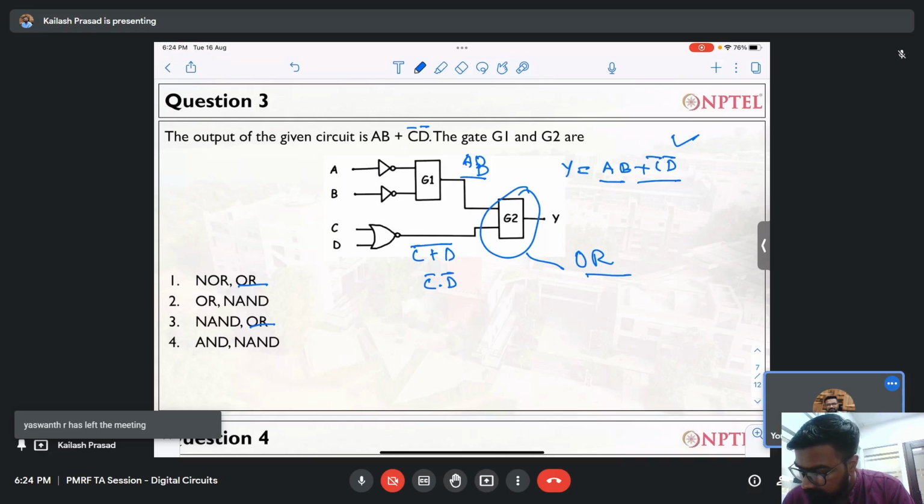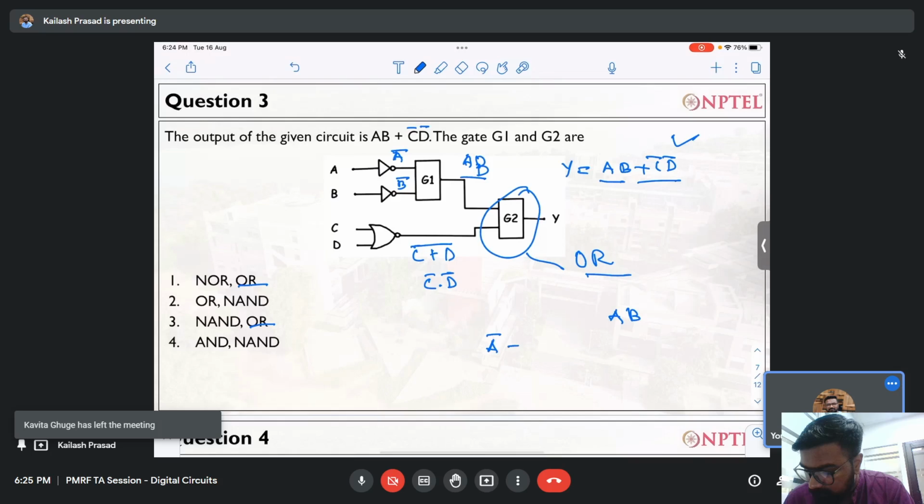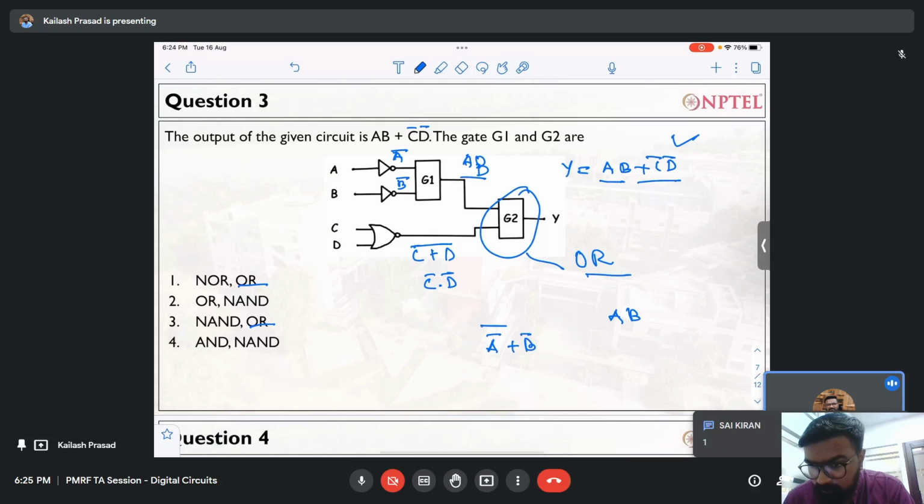So if I see here, this is A bar, this is B bar. And what I want is AB from A bar and B bar. So if you apply A bar plus B bar, the whole bar, the answer will be A bar bar dot B bar bar, which is nothing but AB. So it means that this is a NOR gate.